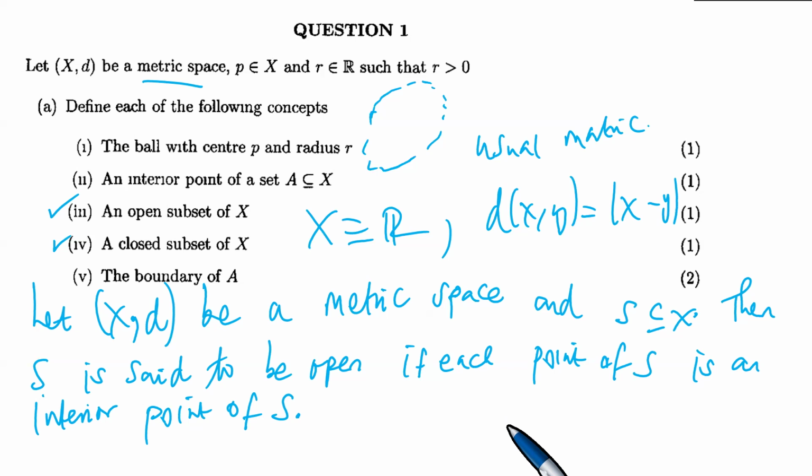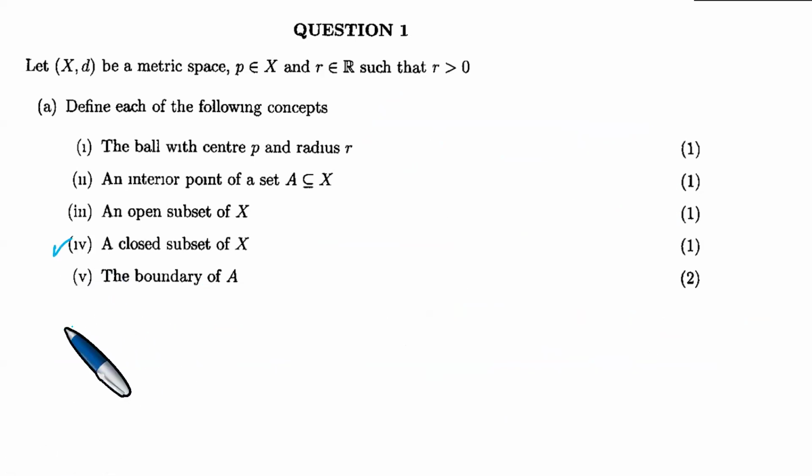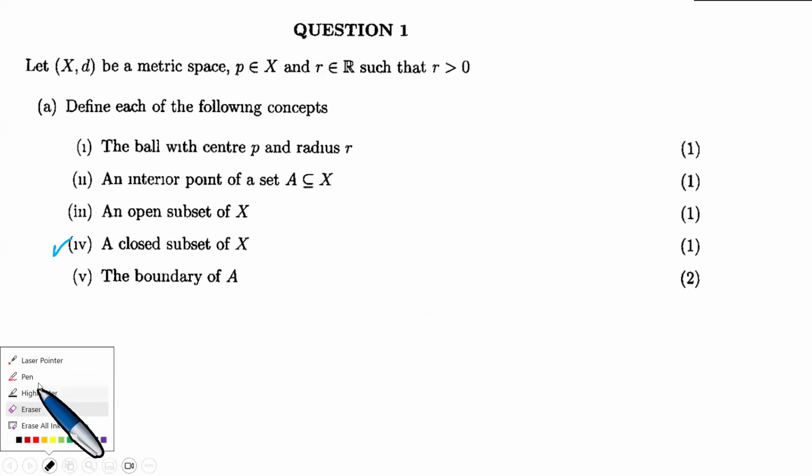I want us to give the actual formal definition of a closed set, and this is it. You would say a closed subset of X. What is its name? Is it set A, B, or nothing like that?